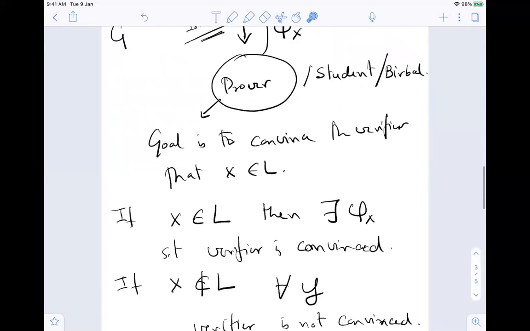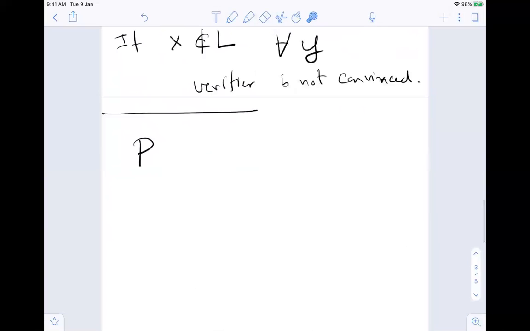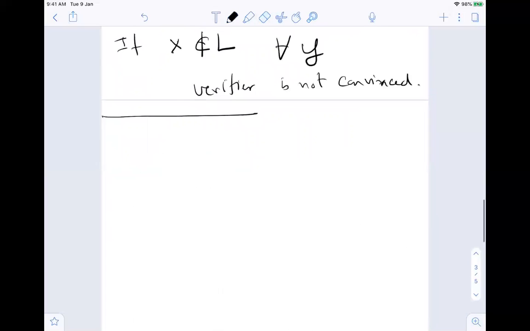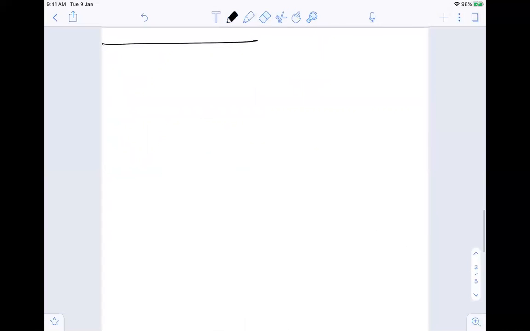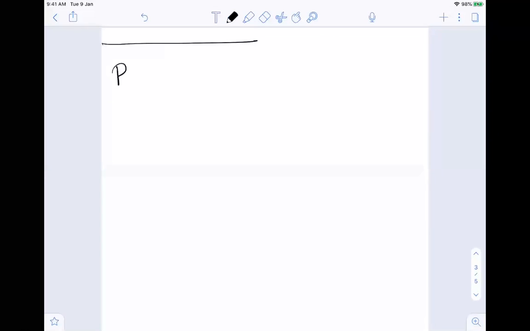So let's take an example, maybe this is slightly better. Here is a language called primes. Have you heard of this language? Primes is basically the set of all numbers n in the natural numbers such that n is a prime.